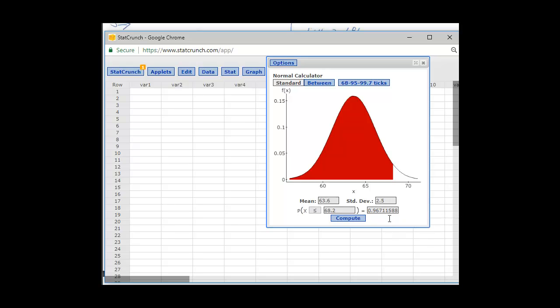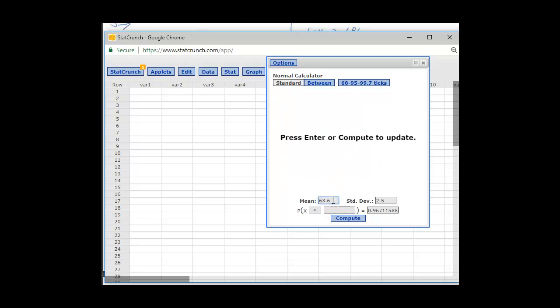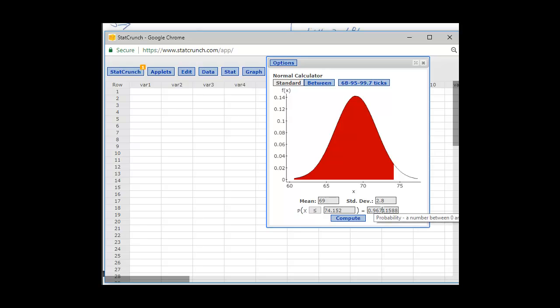So I'm going to erase this. The mean height for men in this problem was 69. The standard deviation for men was 2.8, and when I click compute, it retained the probability we had calculated from the female population, and it provided us the data value that matches up in the male population. So that was how we could work through those three problems with StatCrunch.